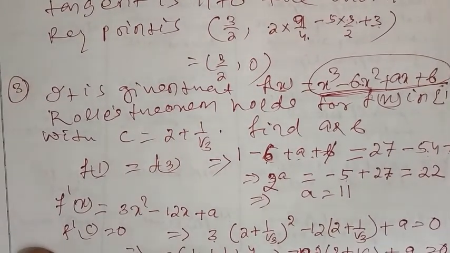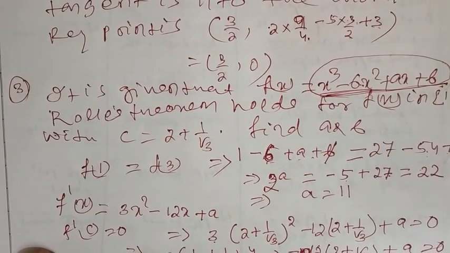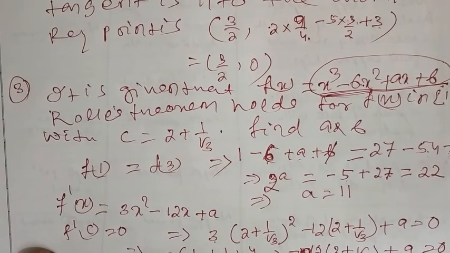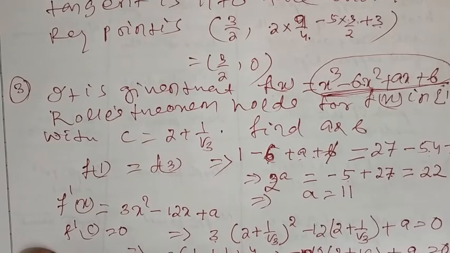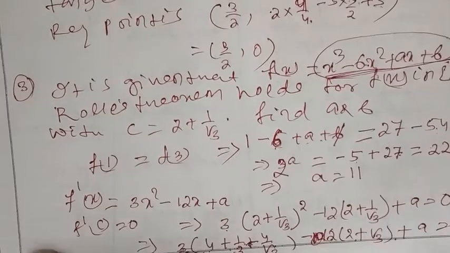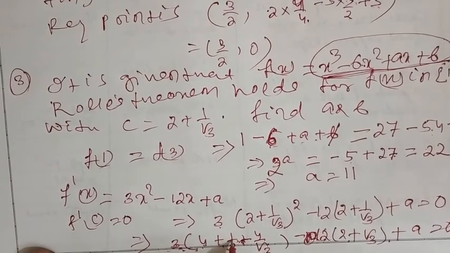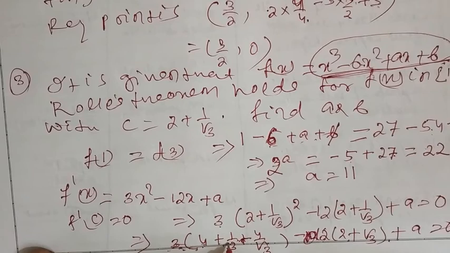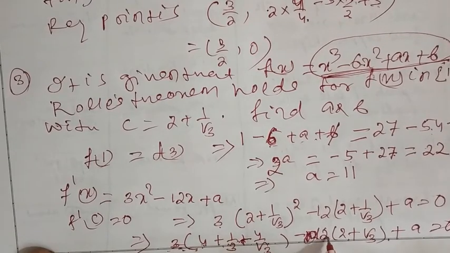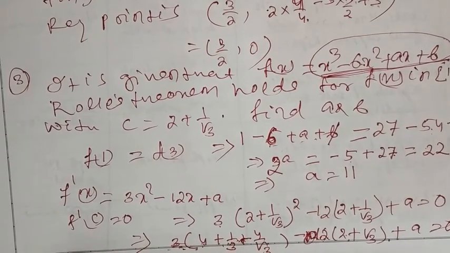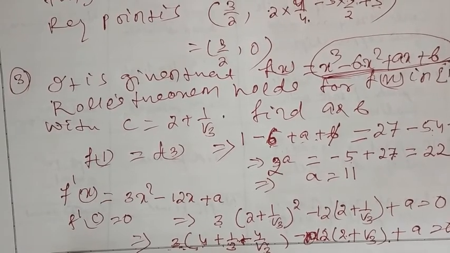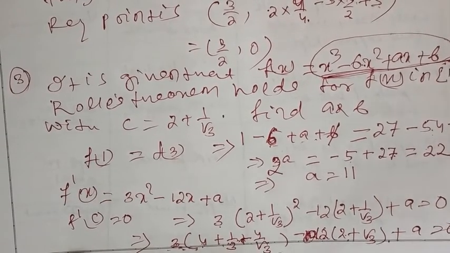So you see, the 12 by root 3 gets cancelled, and we get 24. This is 12 plus 1, that is 13. Getting the idea? 13 minus 24 is minus 11 plus a is 0.